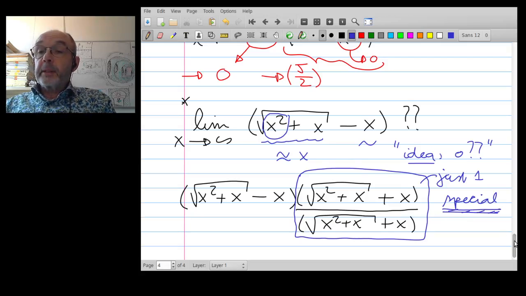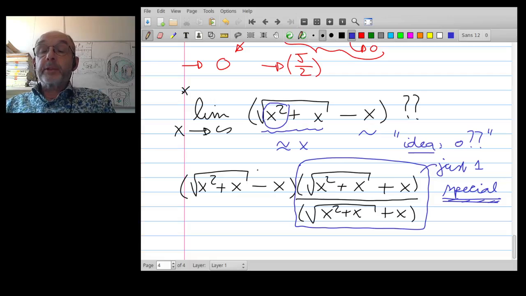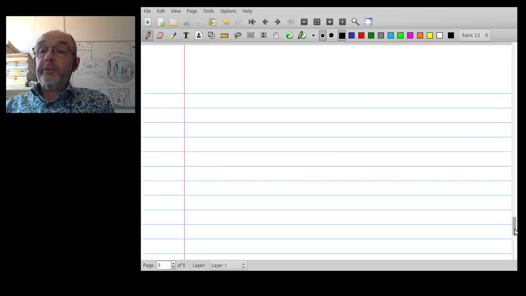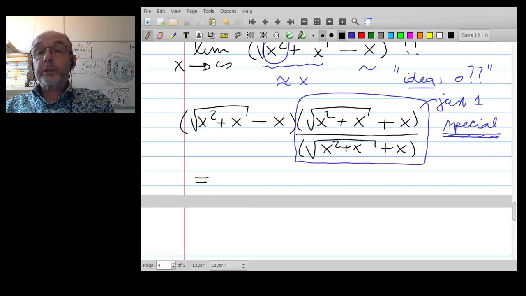And now, what happens if I work it out? What do I get? And that I will do on the next page, because I have not so much space. What do I have then? I have a minus b times a plus b. We know that is a squared minus b squared.